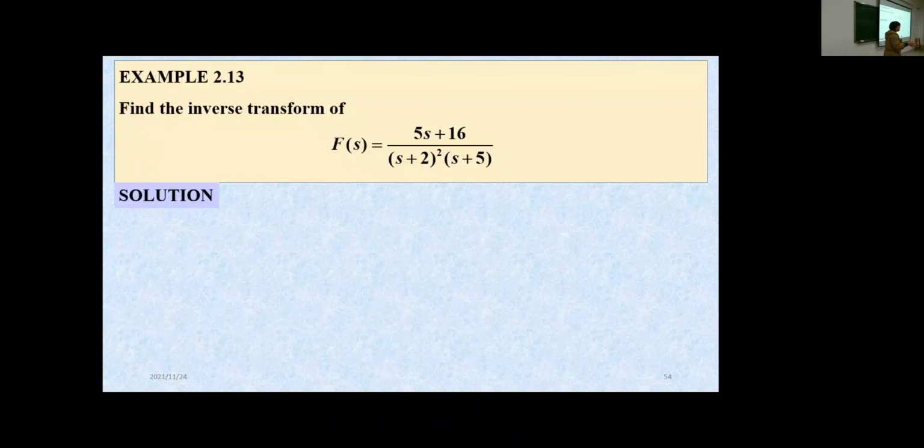You name it whatever you like, A1 to A3. And you add this. Right here, let's do it together to check if we get the same answer.